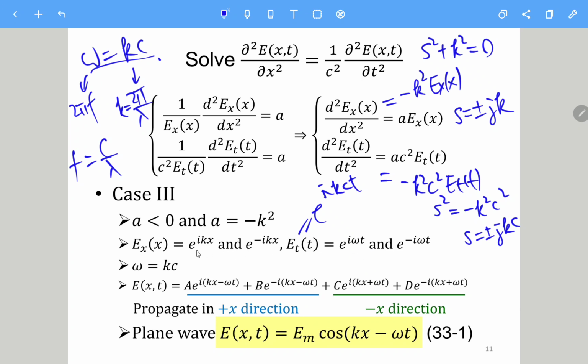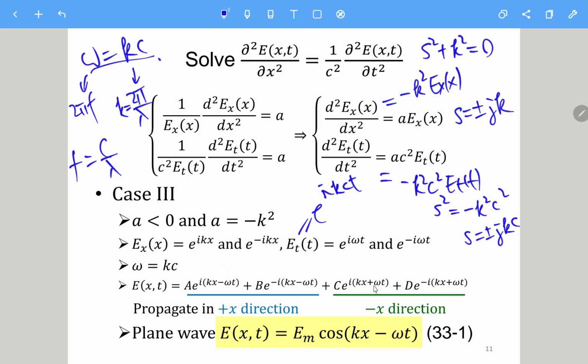Okay, so this is a solution for ex, and this is a solution for et. And of course here we have omega equals kc, and actually here we get this solution.